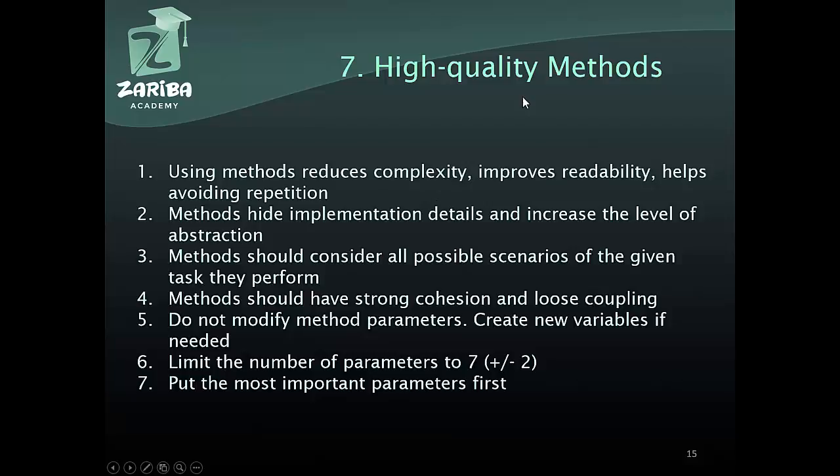Okay, so high quality methods. Using methods reduces complexity, improves readability, and helps avoiding repetition. So if you want to repeat a part of your code, you can do it with methods. Methods hide implementation detail and increase the level of abstraction. So something like a complicated Boolean check would be a perfect example of putting it into a separate method.